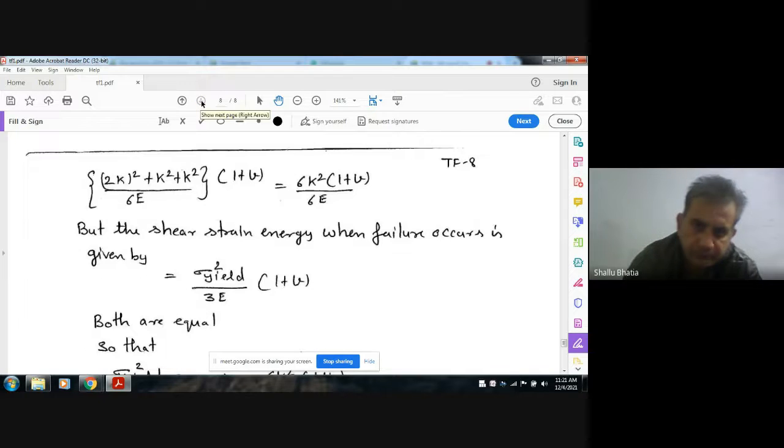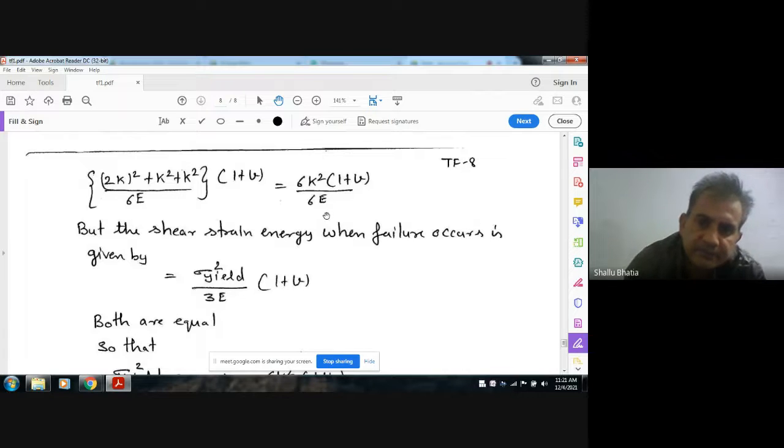We will find 2k square plus k square plus k square, times (1 plus mu) divided by 6E. Okay, we will solve it. It will be k square times (1 plus mu) divided by E.